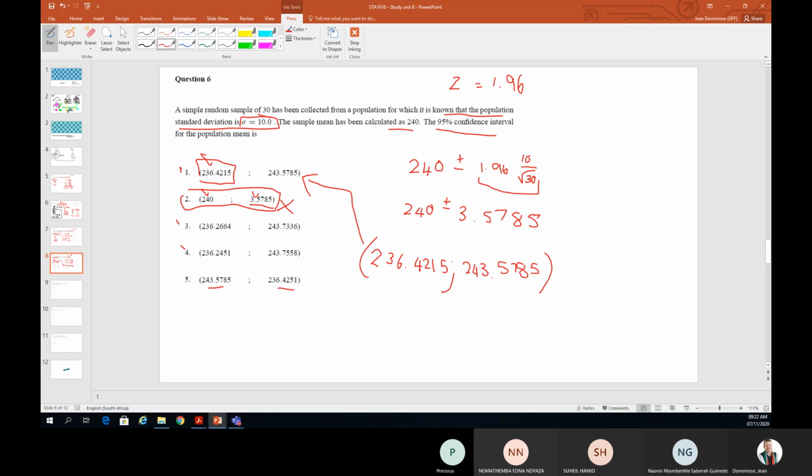So basically, again, what we did is we identified that we're working with a population that is known.